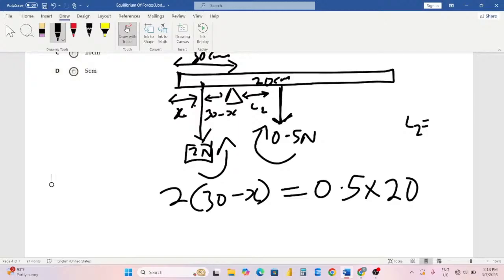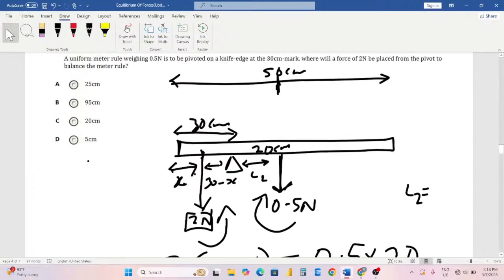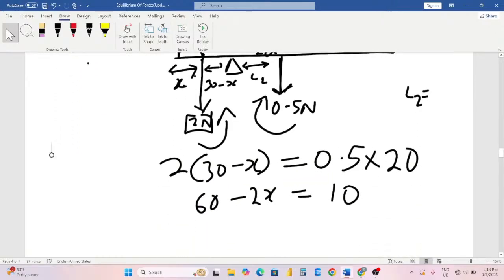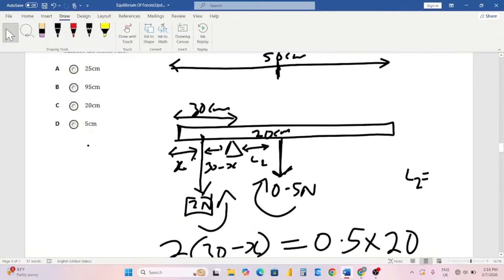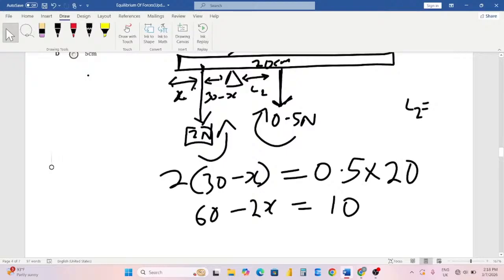So opening it up to be 2 times 30, that's 60, minus 2x equals 0.5 times 20, what's 10. So I guess we can finish it up from here.